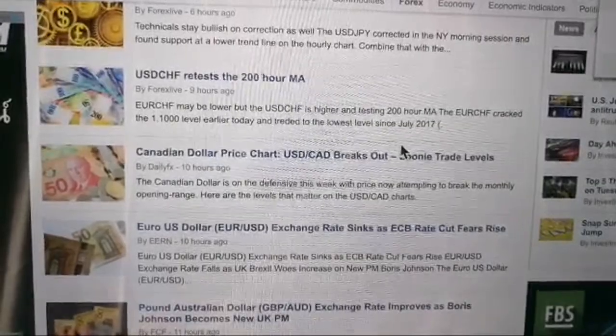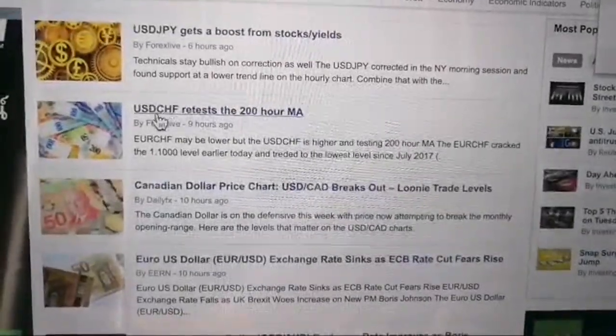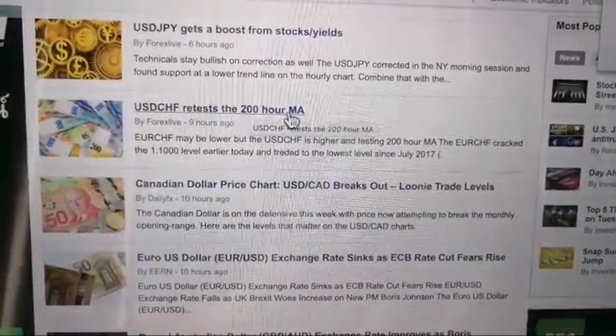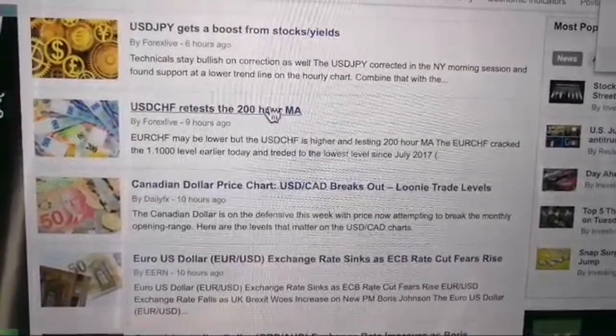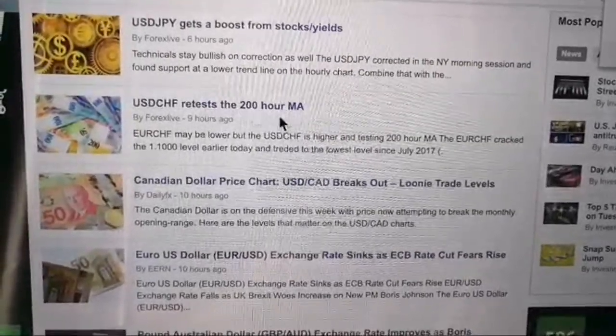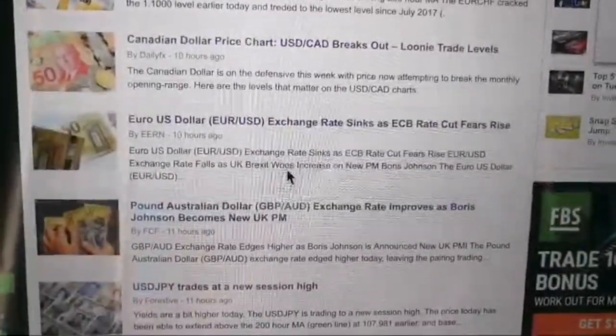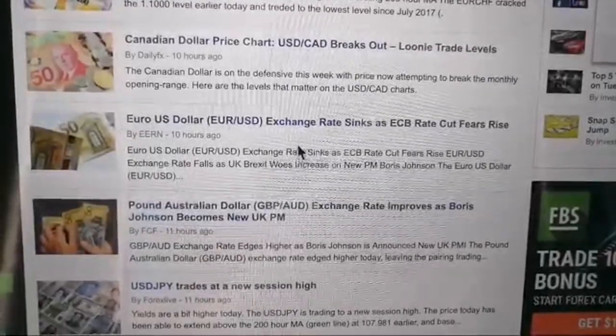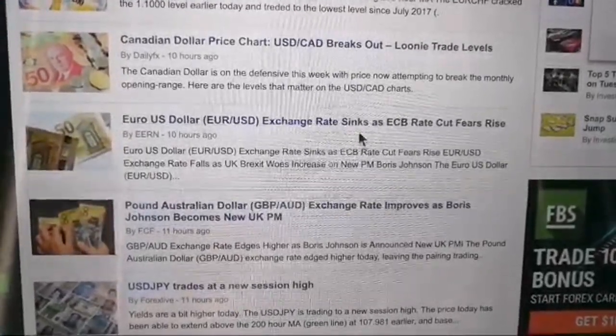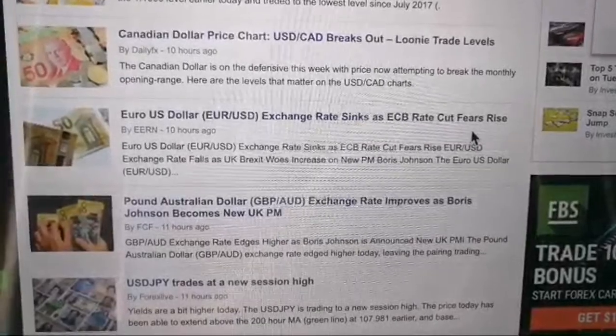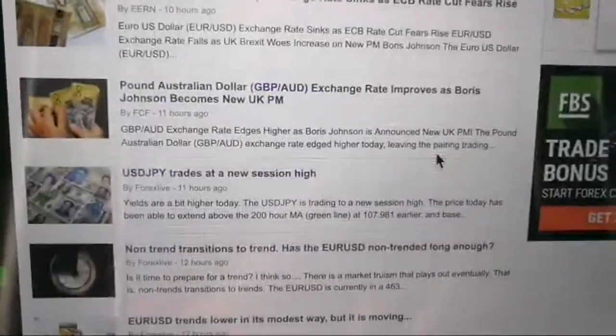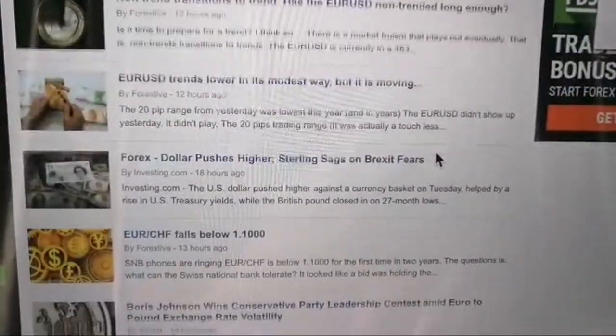From what I gather over there, I can also see the USD CHF is retesting the 200-hour moving average. That actually means a 200 MA applied to the 1 hour chart. Over here I can gather that the Euro USD exchange rate sinks as the ECB rate cut fears rise. So a couple of things happening here.